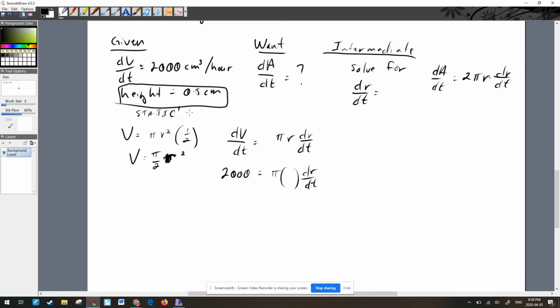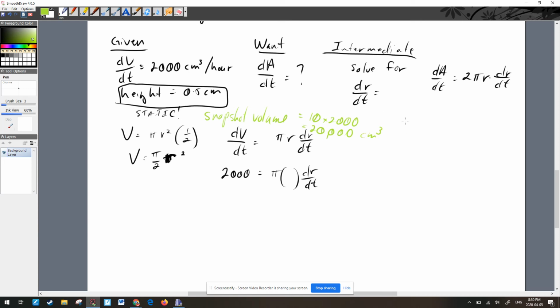It wasn't obvious to us right at the time, but we actually know what the snapshot volume is. We know that the snapshot volume is going to be equal to 10 hours times 2,000 per hour. So it is 20,000 centimeters cubed. Well, how's that useful?